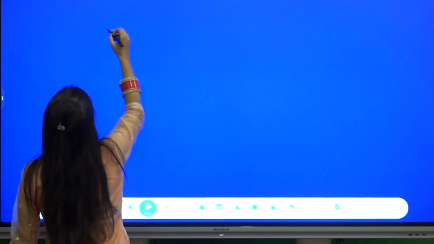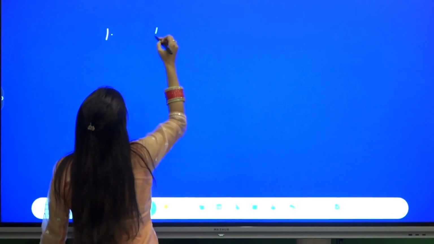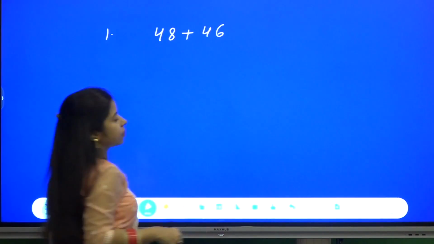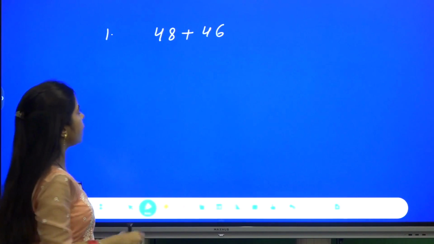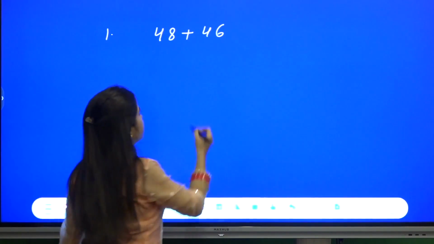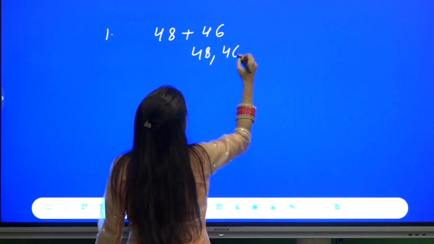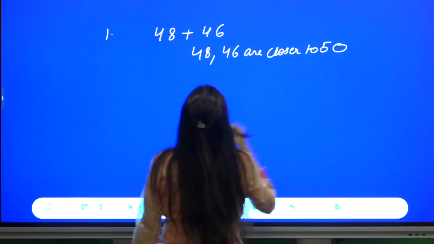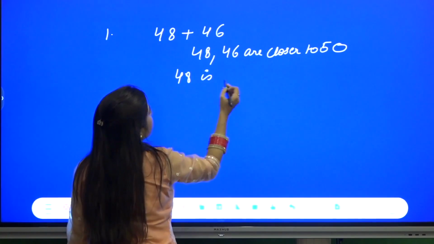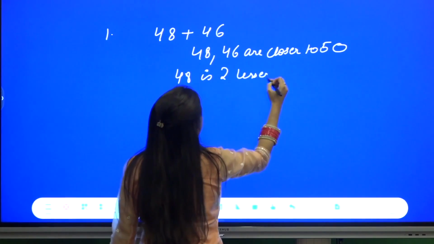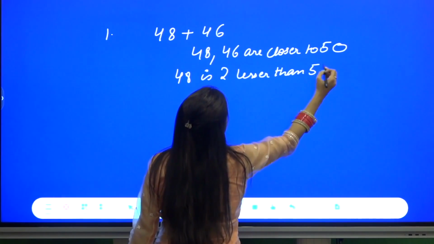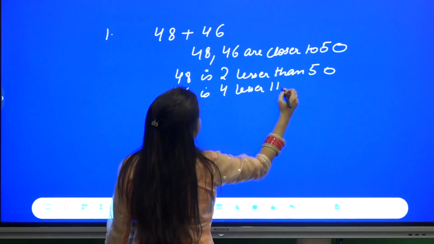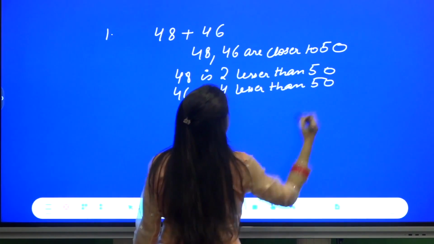For example, if we have to add 48 plus 46, we can see that both the numbers are closer to 50. 48 is 2 lesser than 50 and 46 is 4 lesser than 50.